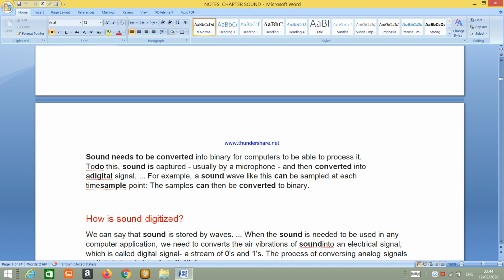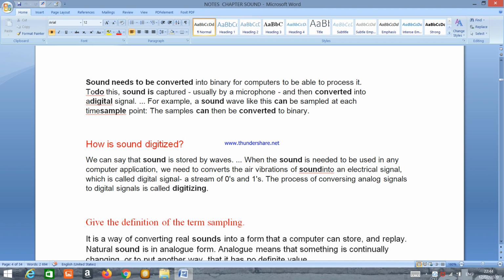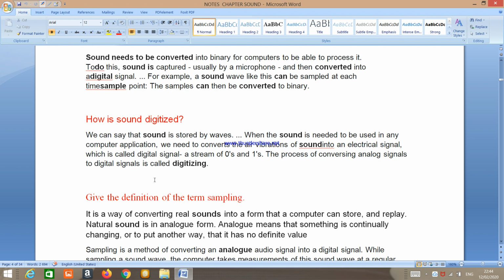This is what is called sampling or digitizing the sound. So how is sound digitized? You can see at regular time interval we collect the amplitude, the height of the curve, and we write the corresponding binary code.